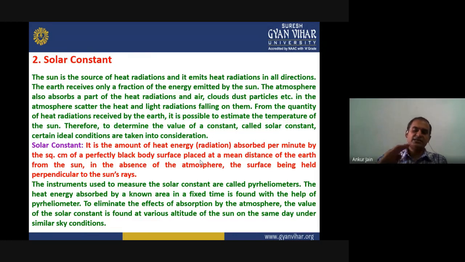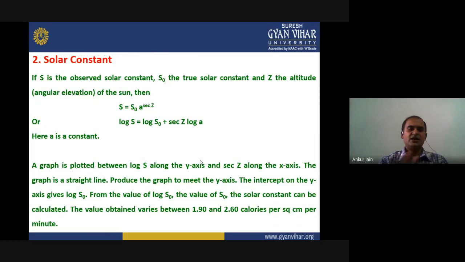If we measure at one place, and then go to some height, we can measure this solar constant at different heights, and in that way we can eliminate the effect of absorption by the atmosphere. We can calibrate somehow to eliminate this effect, and that's how this pyrheliometer works.